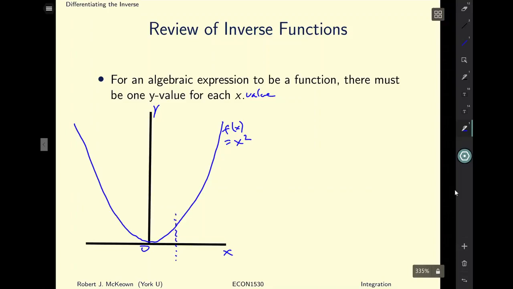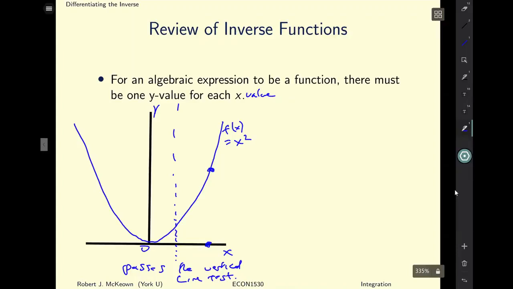Notice that it passes the vertical line test, right? And when it passes the vertical line test, that really means that for each x, there is only one y. So if x is this value here, well, I should have drawn it down here.